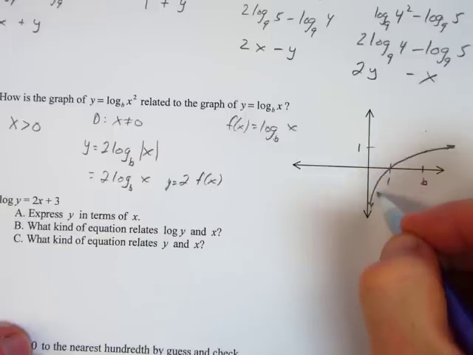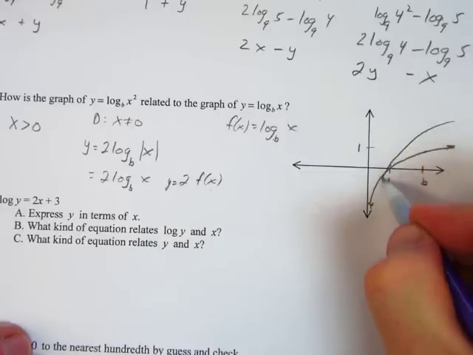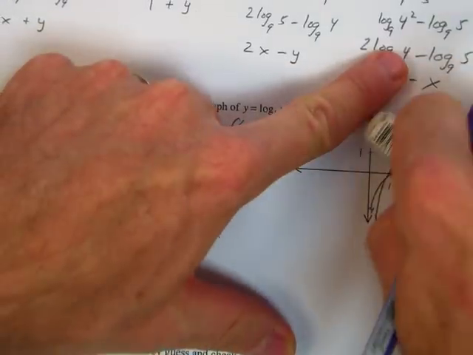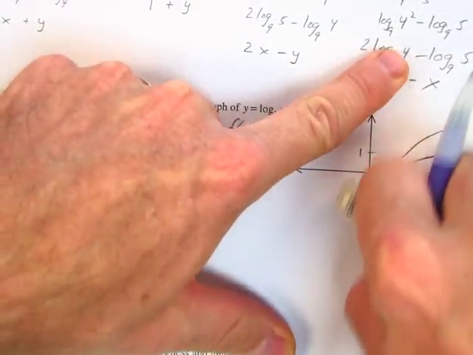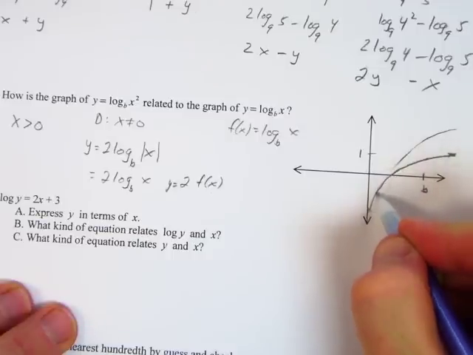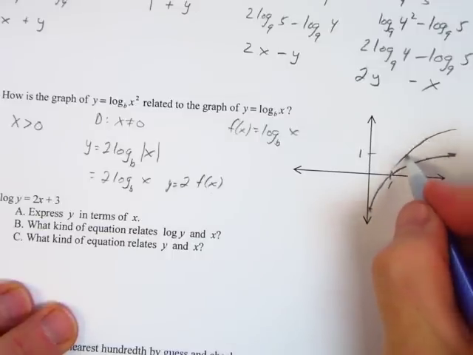Instead of being at negative 1, it's going to be at negative 2. So it's stretching this graph out. And let me redraw that since I missed my 1 value. It's okay to redo it.